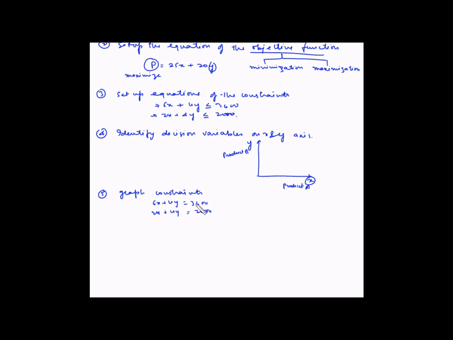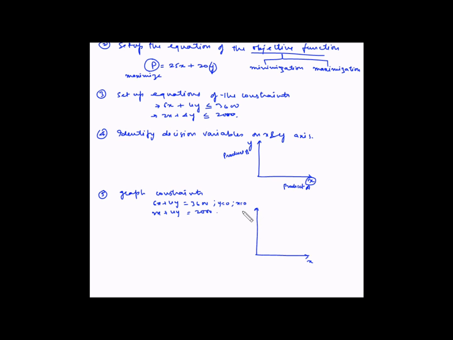So you can put y equals 0 and that will give you the value of x, and you can put x equal to 0, which will give you the value of y. Repeat the same thing for the second equation and you will get the x and y intercept for these two lines. So once you have identified the x and y intercept, then you can plot the graph.